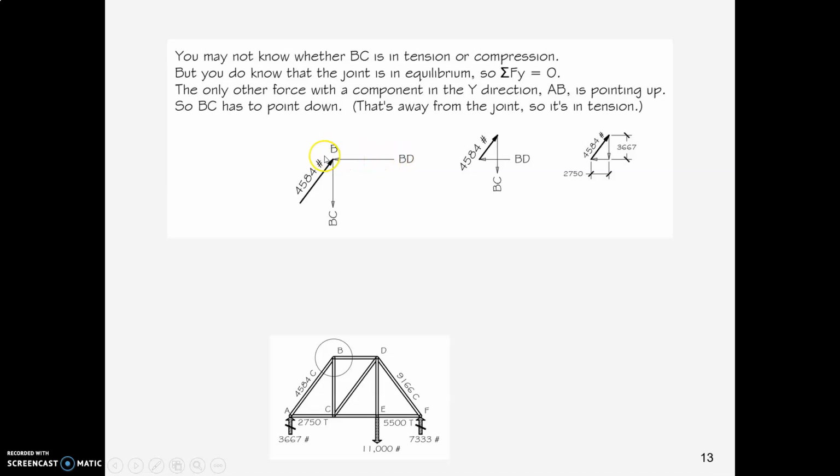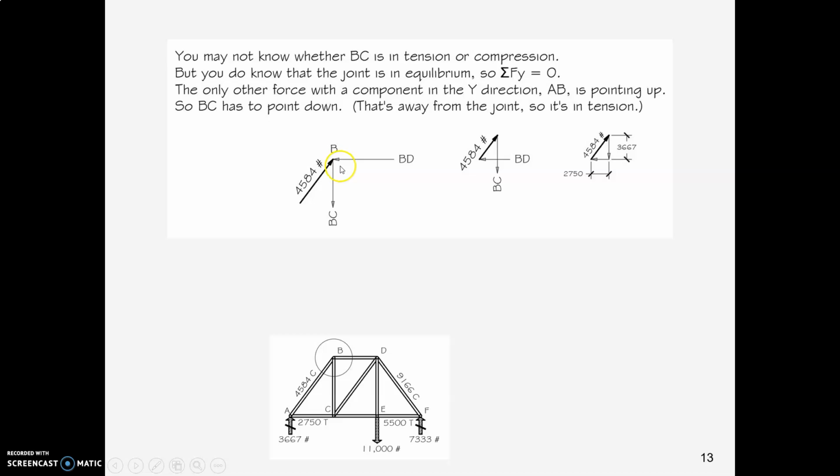So I know I can draw arrow BD pointing towards the joint because it's compressing. And I already figured out that this slopey bar, AB, is getting squeezed, so it's in compression. It's pointing towards. Well, look at those arrows. If this joint is in equilibrium, all the forces have to add up to 0. You've got a slopey bar pointing up.